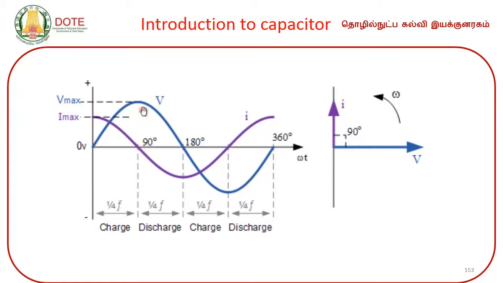At steady state capacitor is fully charged, current is 0, right? அப்போ capacitor discharge பண்ணும்போது current is reaching its maximum, then again capacitor voltage 0 இருக்கும்போது current maximum. So voltage maximum இருக்கும்போது current 0, voltage 0 இருக்கும்போது current maximum.